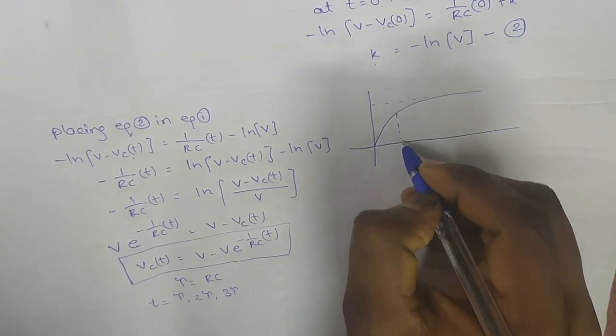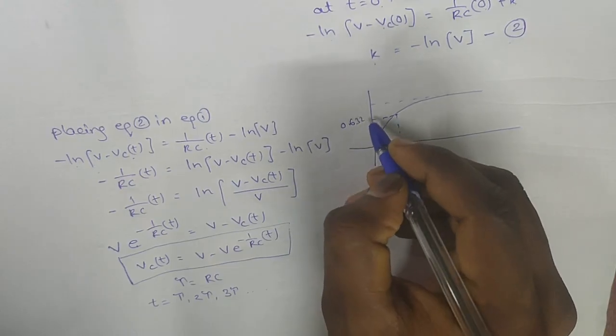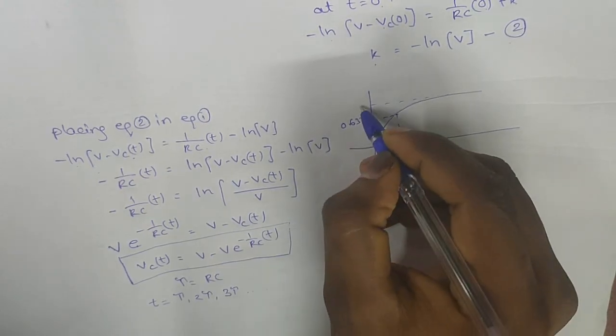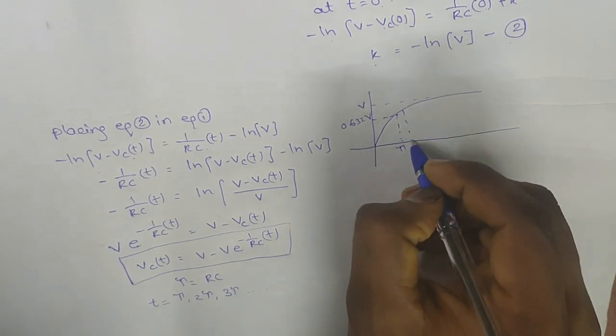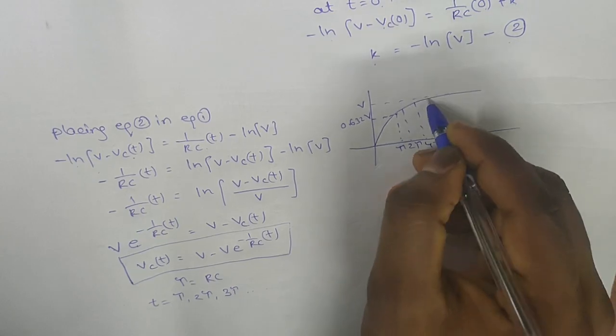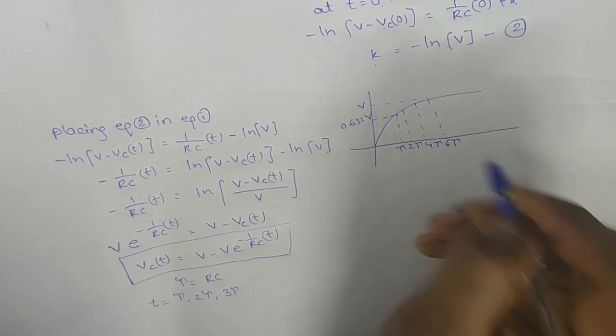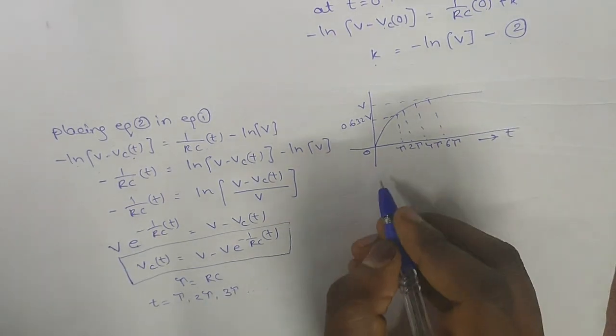The maximum rise is at 0.632 times V. The steady state will be V. This is the first time constant, second time constant, fourth time constant, and sixth time constant as t is increasing.